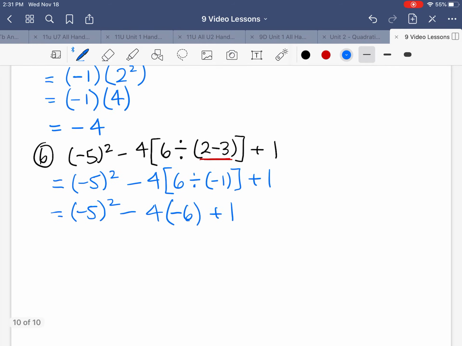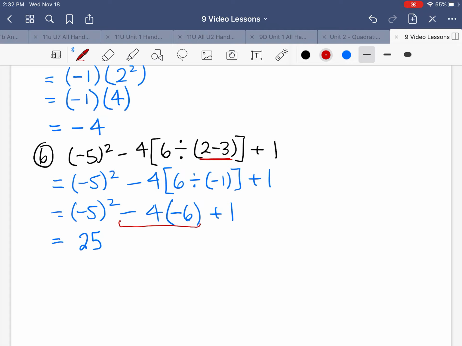So we've dealt with our brackets, and now we have an exponent to deal with. So negative 5 squared, that's negative 5 times negative 5. So a negative times a negative gives us a positive. So negative 5 squared is positive 25.